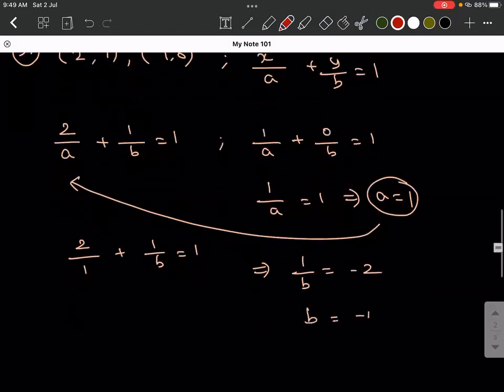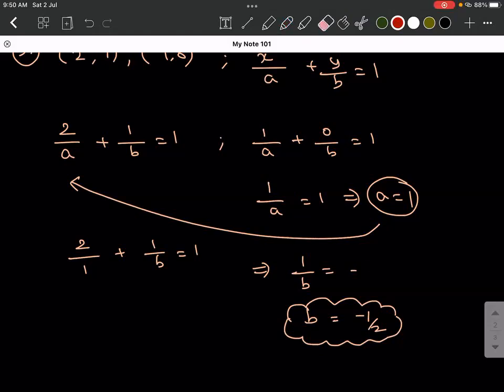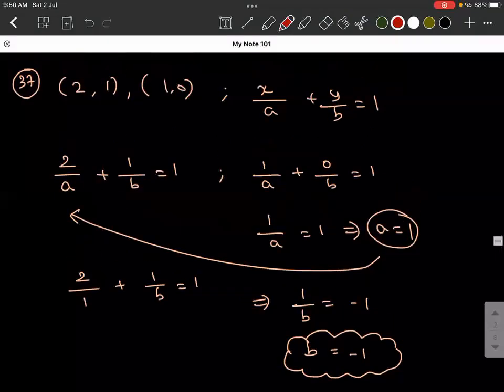So b will be minus half. So a is 1, b is minus half. Minus 1, sorry. So it is minus 1. So you don't substitute and do it. You have to solve it in the stepwise manner. Only then your logic will become better.